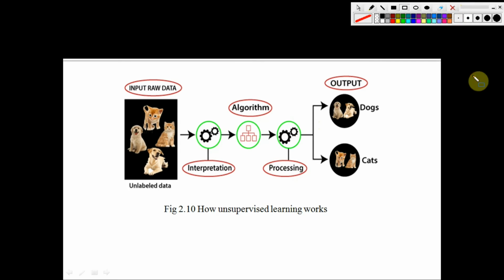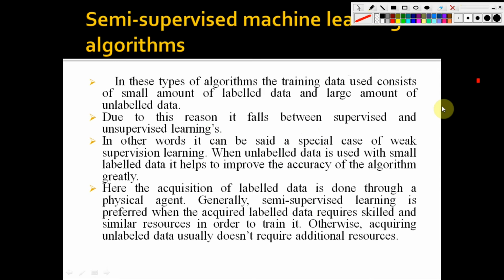Now let us move ahead and see the semi-supervised machine learning algorithm. This is somewhat between supervised and unsupervised machine learning algorithms, so it is called semi-supervised. In these types of algorithms, the training data used consists of a small amount of labeled data and a large amount of unlabeled data. This is very simple, guys.